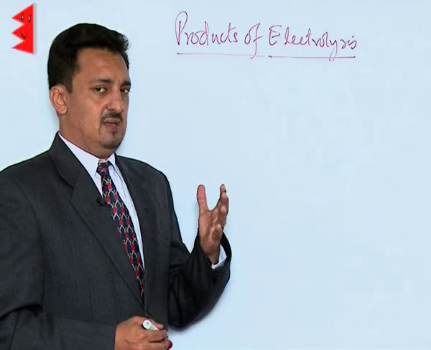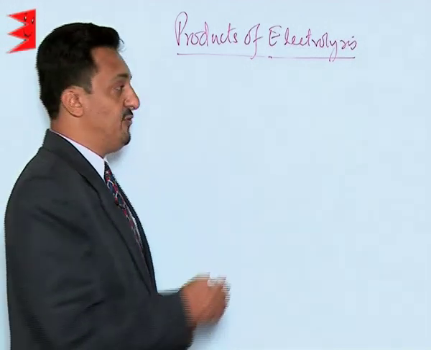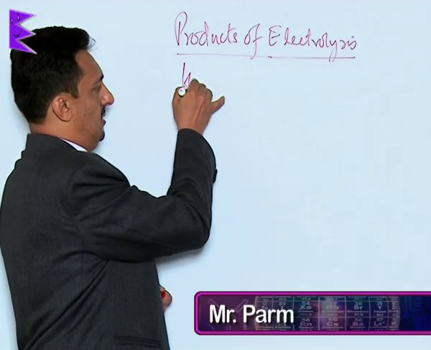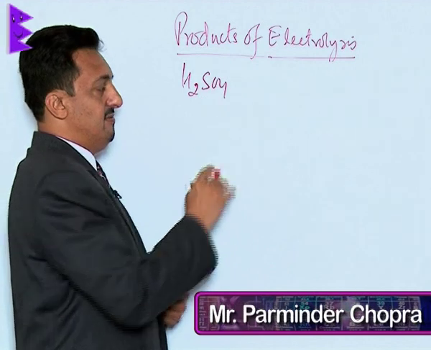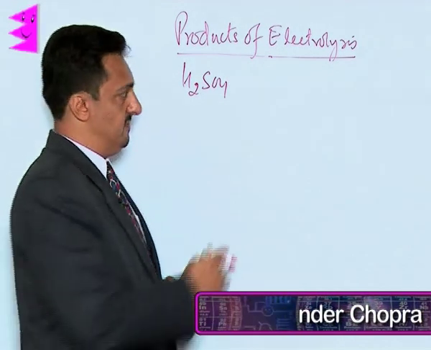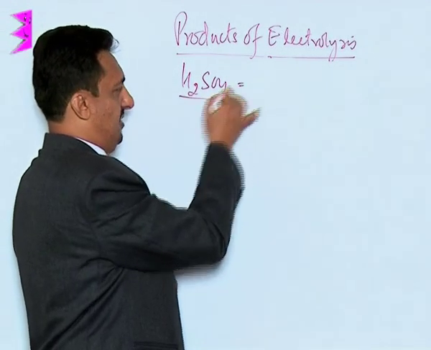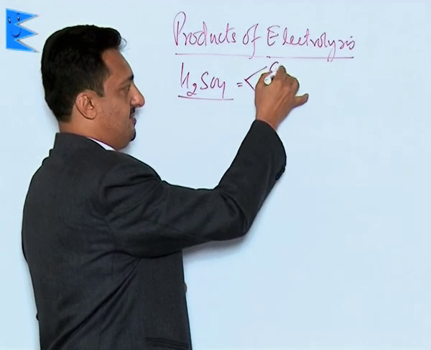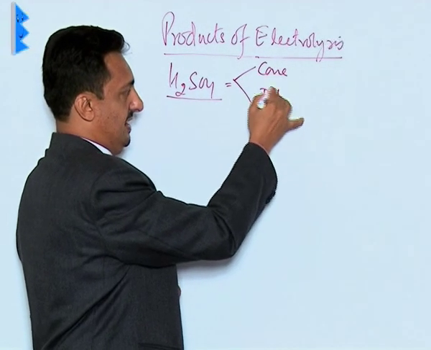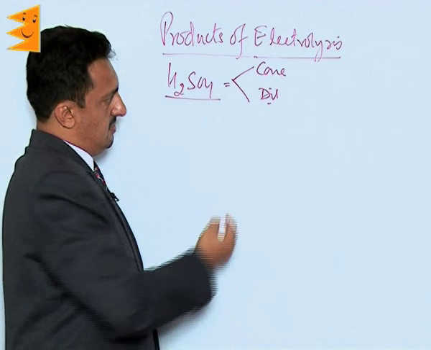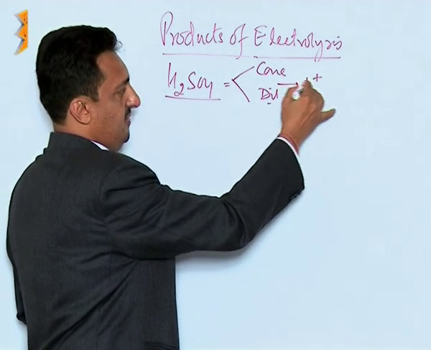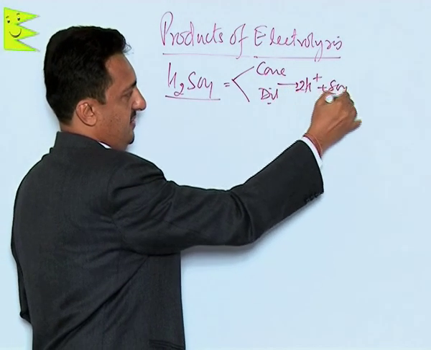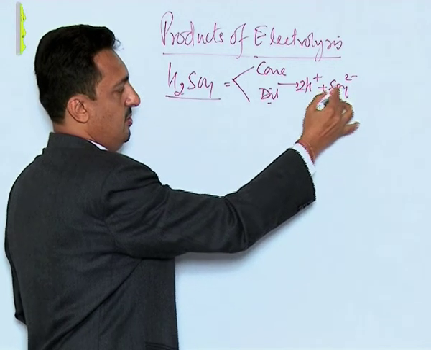Now let us take another example, sulfuric acid. And by this example, we will study the effect of concentration. Sulfuric acid's electrolysis is done in two conditions, concentrated or dilute. Now we know when it dissociates, it will give us H plus ions and sulfate ions. This we already know.